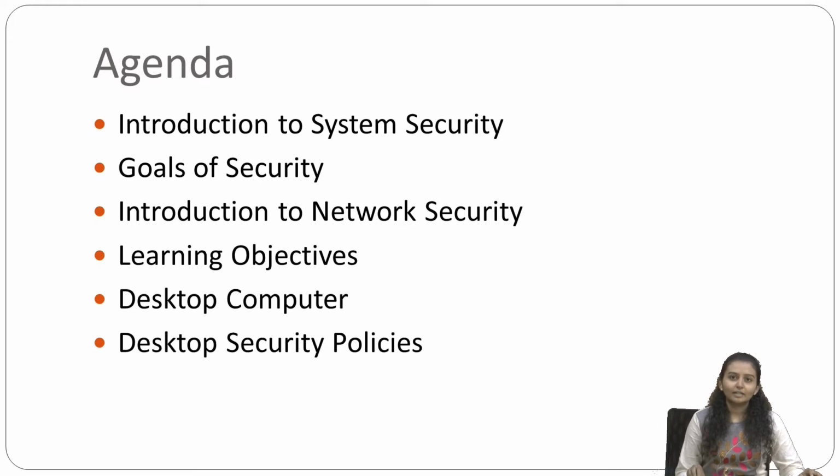Confidentiality means data confidentiality assures that private or confidential information is not made available to unauthorized individuals. A loss of confidentiality is the unauthorized disclosure of information. Now let's move toward the second goal, that is availability.